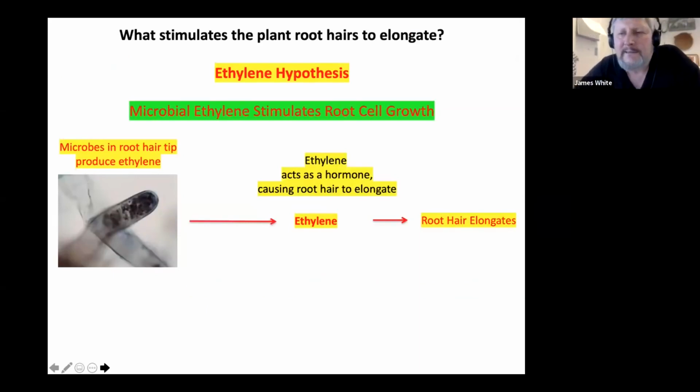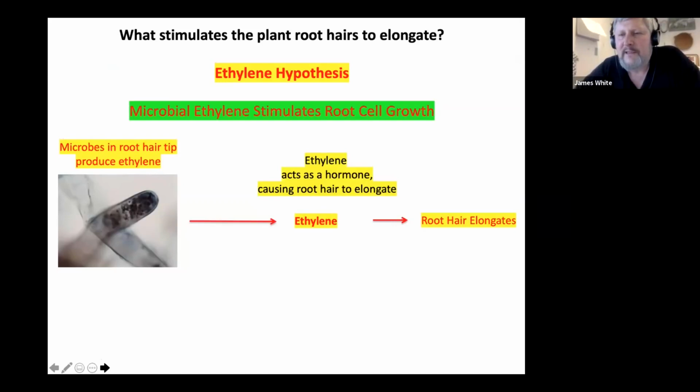So ethylene is what we found is being produced by these microbes. And all of our data, we did many experiments to support that. Ethylene is also a growth hormone. It's a plant hormone that plants will use to trigger growth and maturation in fruits.